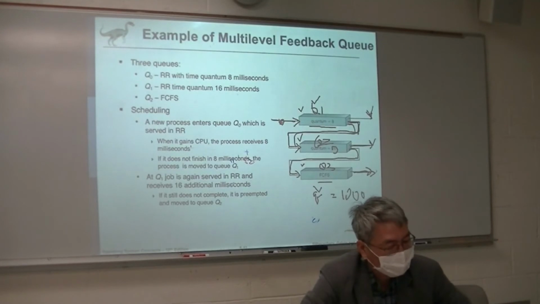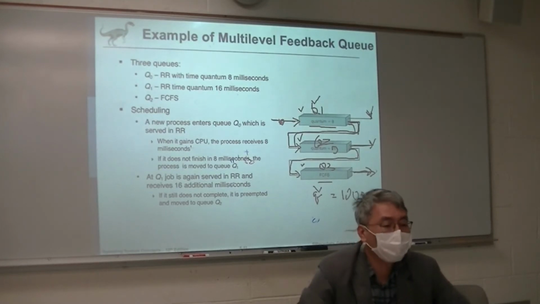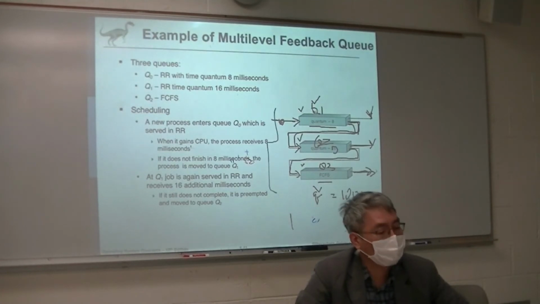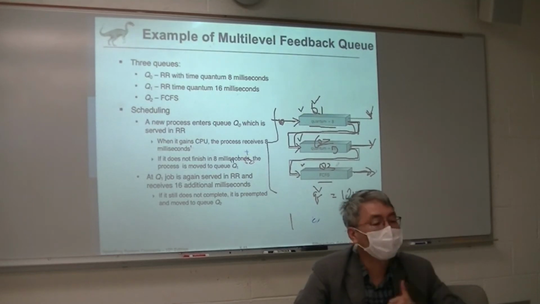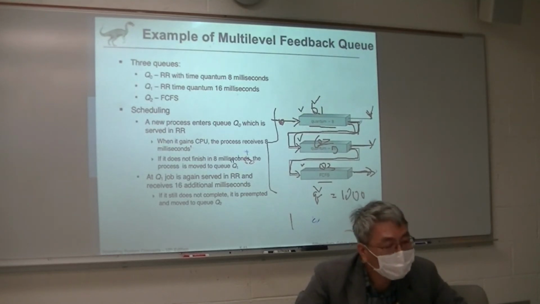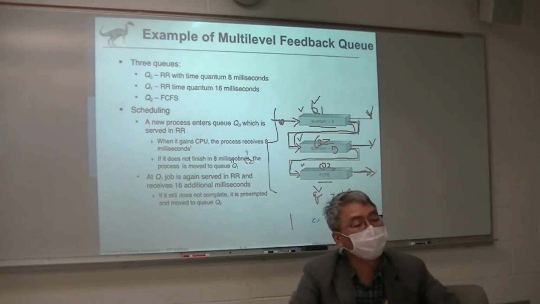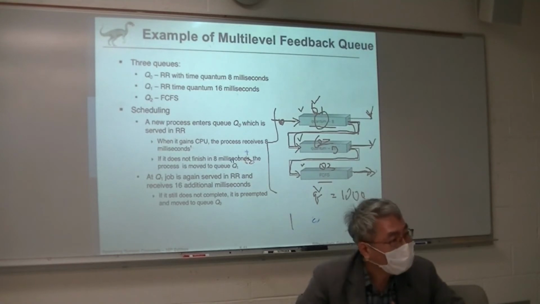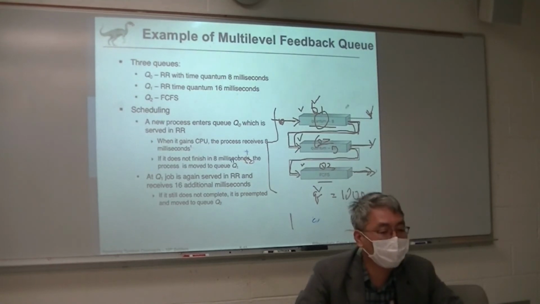Just like the multi-level queue, if you have only one CPU, one core, you need to schedule along the queues. Ideally, if you have multiple cores, that will be better. Also, for each queue, we don't have to assign a specific algorithm.